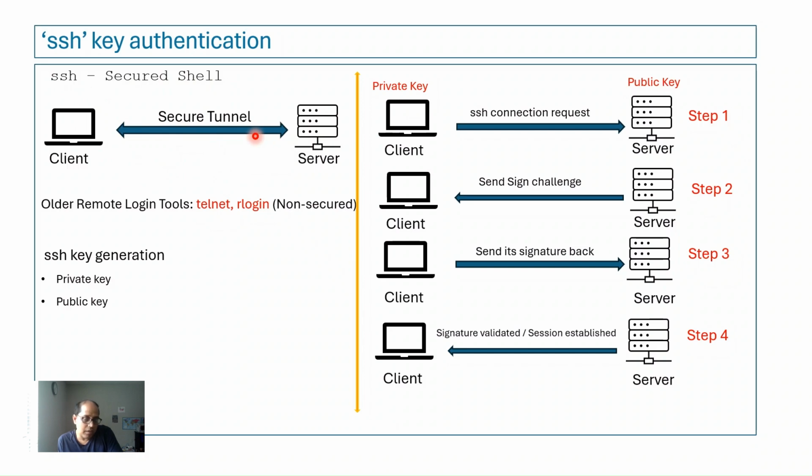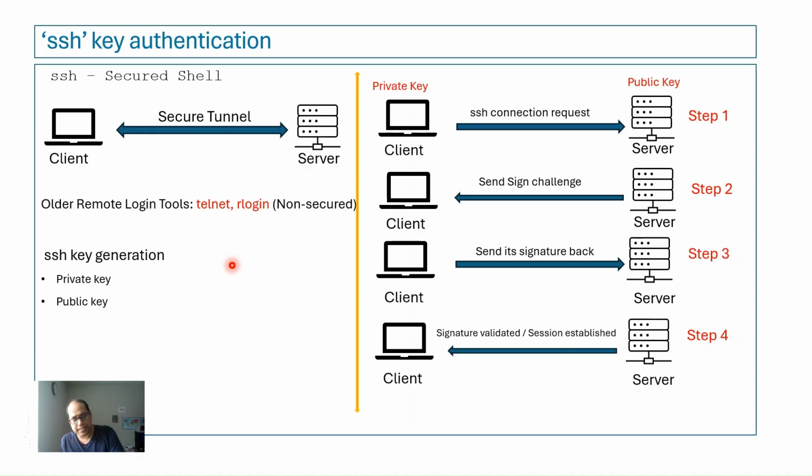There are some older methods to do remote login to a server, which were telnet and rlogin. But the problem is they are not secure. Any information that you send over the network to the server or from the server is plain text. Anyone can sniff the network packets and read exactly what you are sending to the server and what data you're receiving from the server. So they're not exactly secure.